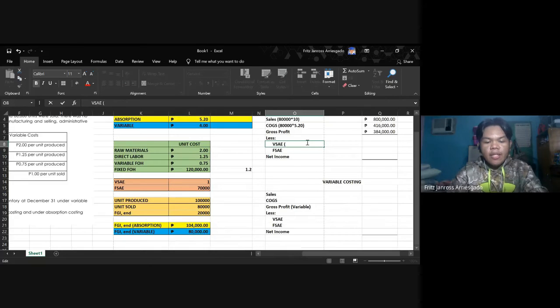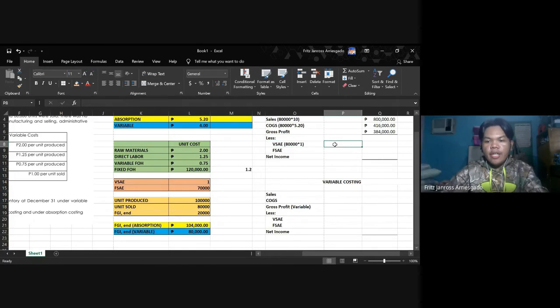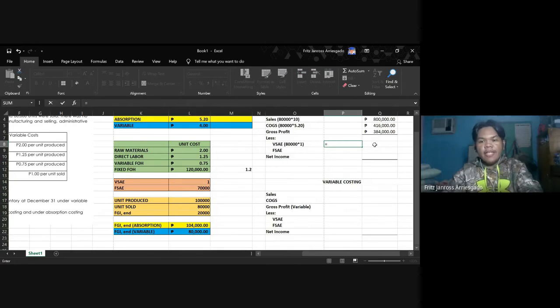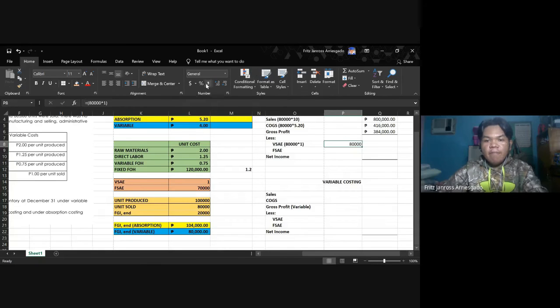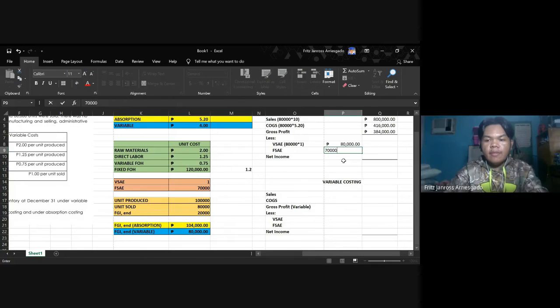You multiply total units sold, 80,000, times 1. That's how you get your variable selling and admin expenses: 80,000 pesos. And for fixed selling and admin, it's already given here. That's 70,000 pesos.